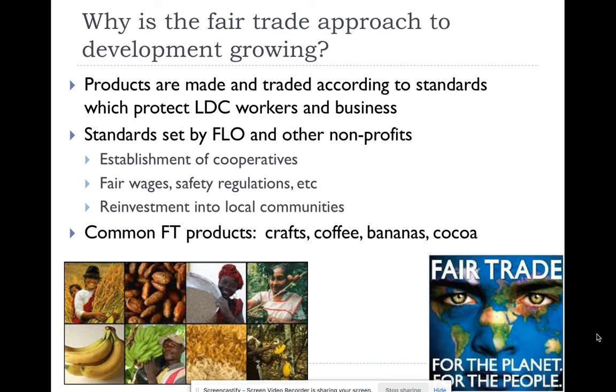Coffee beans, cocoa beans, bananas, a lot of times are fair trade. And when I talk about fair trade, I mean literally making sure that they're getting paid 59 cents a barrel or a bushel instead of 50 cents. That's what we're talking about. And so, yes, if you buy fair trade coffee, it's slightly more expensive in our stores, but you're making sure that that money is actually going to the farmers and they're getting the amount that they're supposed to have.